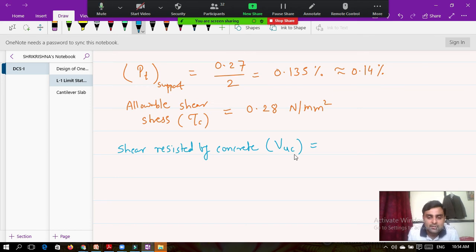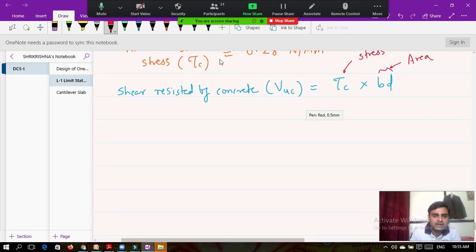नाउ सी, वी आर कॅल्क्युलेटिंग द फोर्स. द बेसिक फॉर्म्युला फॉर फोर्स इज नथिंग बट इट इज स्ट्रेस इनटू एरिया. So the allowable shear stress, that is tau c into BD. This tau c is nothing but your allowable stress, maximum stress, and this BD is nothing but your area. So again force is nothing but stress into area.